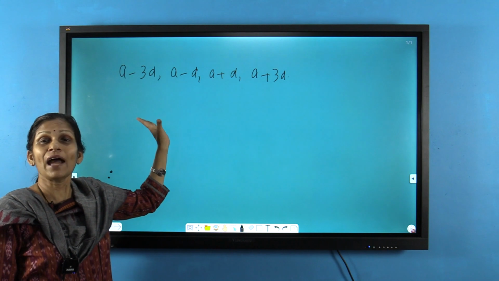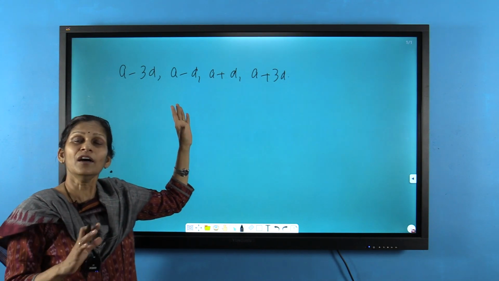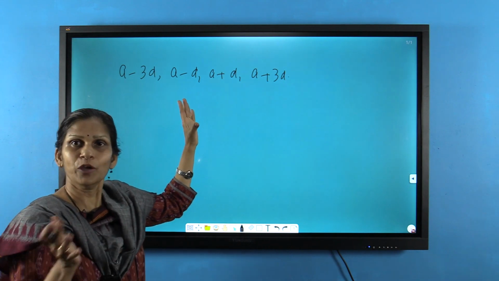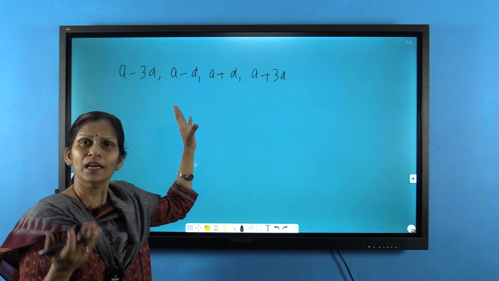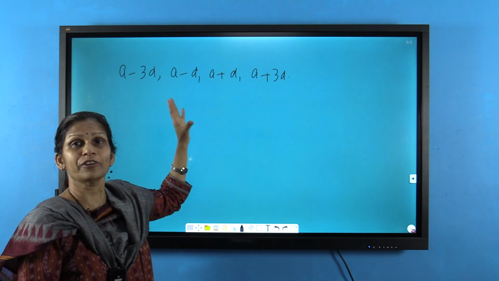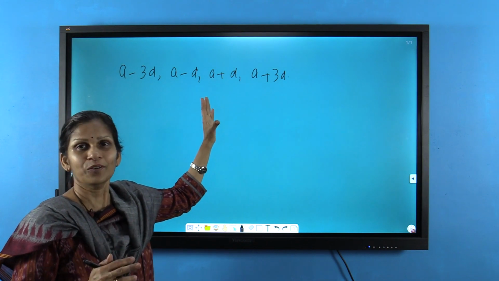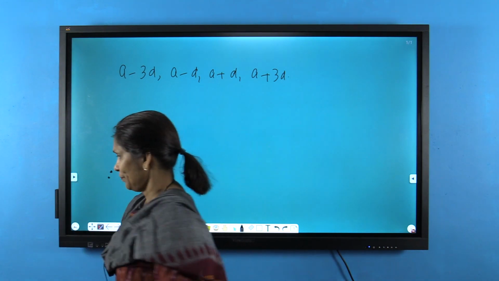Instead of adding d, I am adding 2d. But here, whichever way you evaluate and you get the value of d, remember that d is not the common difference of the sequence. What is the common difference? It is 2d.